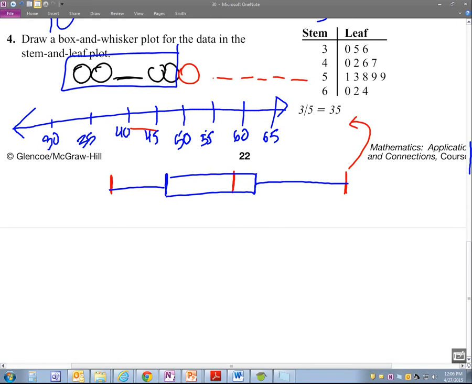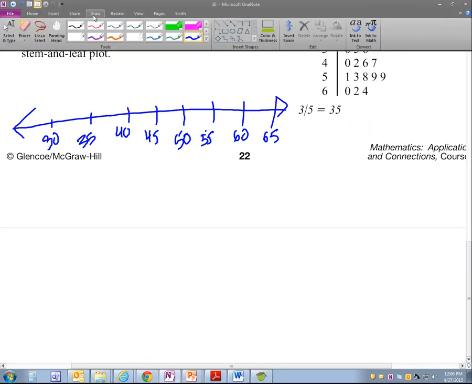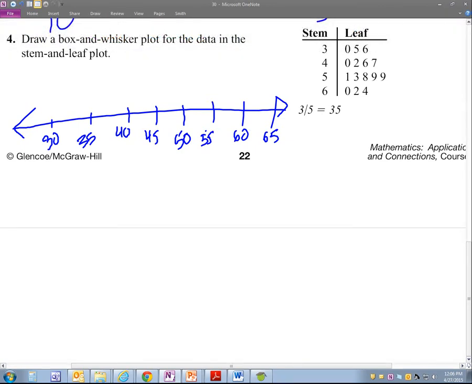So let's plot some of these points, shall we? So we'll go 30. Well, first off, what should we do? What should we look at? Yes, the median? Okay, how about, yeah, we can do that. Sure, let's find the median. We can do that first, sure.